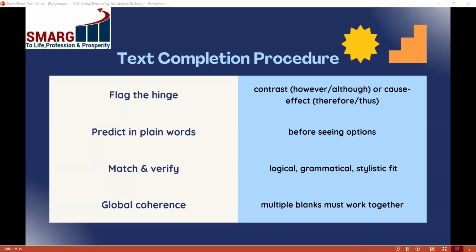So these are four factors that work in text completion. So flag the hinge. Flag the hinge is essentially what? I always tell this thing, focus on your adverbs alone, conjunctive adverbs, connectors, and phrases. I have given here just two examples for now.